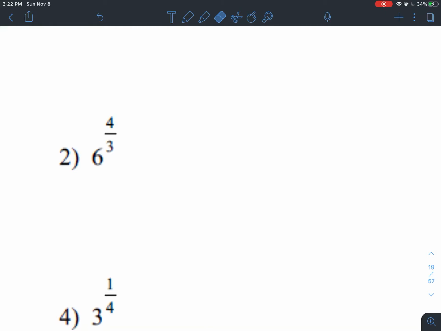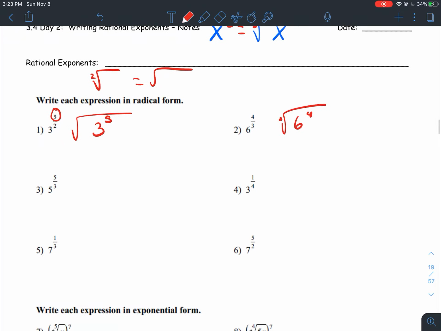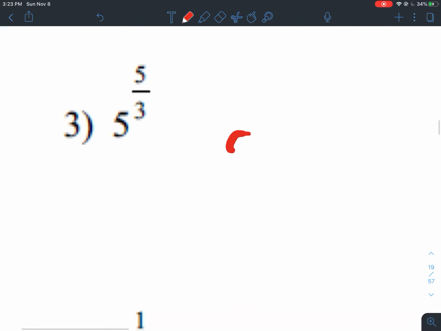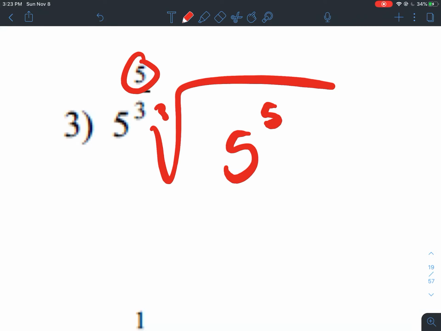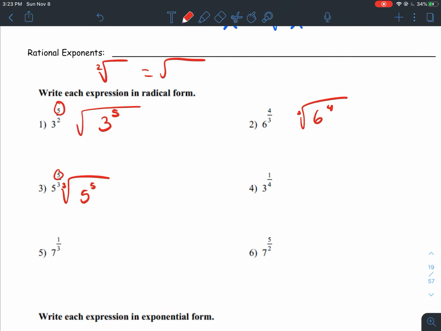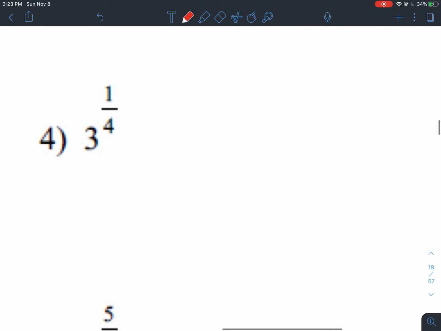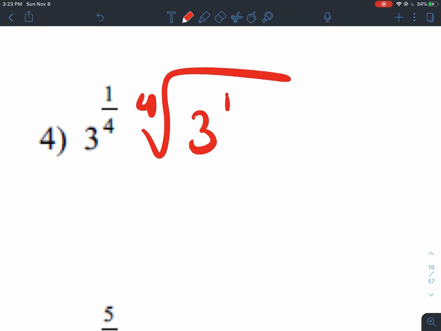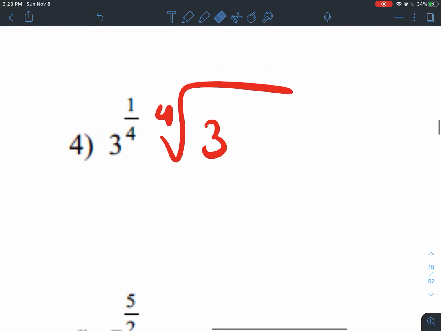So we've got a 6 radical, and the 4 is going to be my power, and then my 3 is going to be my root. Next, this 5 is my power, and this 3 is my root. Here, it would be like 3 to the first power, but we don't really write that, so it would just be the 4th root of 3.